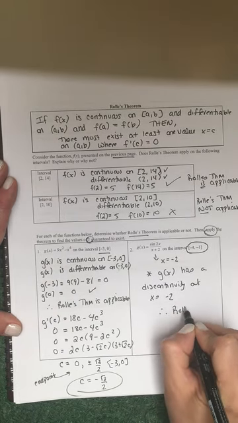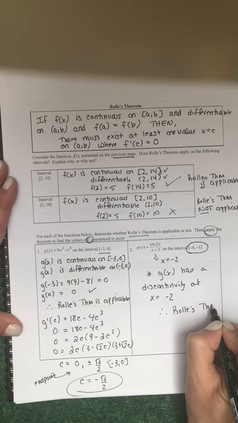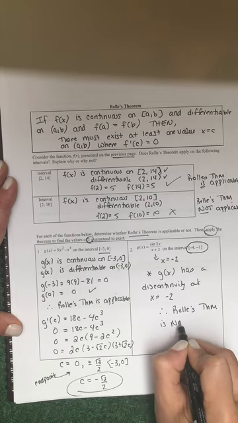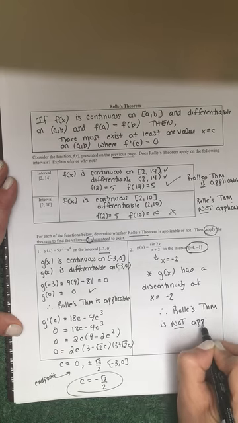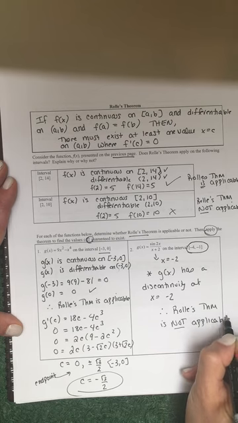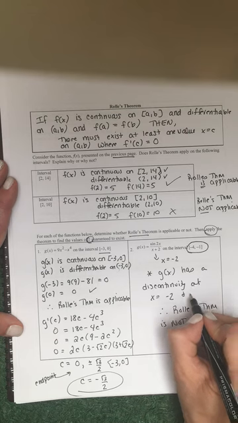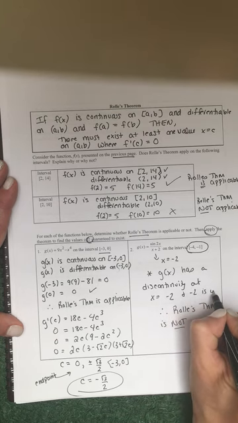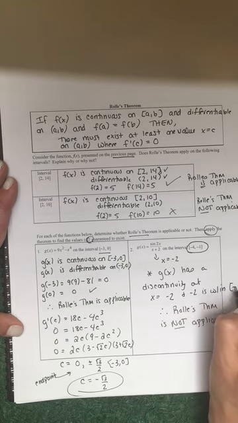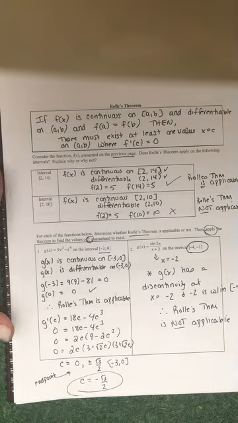Therefore, Rolle's theorem is not applicable. I should be more specific here. It has a discontinuity at x equals -2, and -2 is within the interval that we were given. If -2 was outside that interval, that would have been okay.